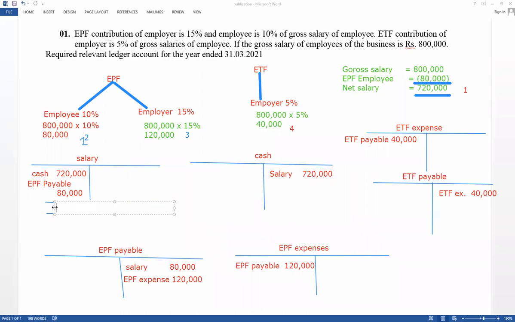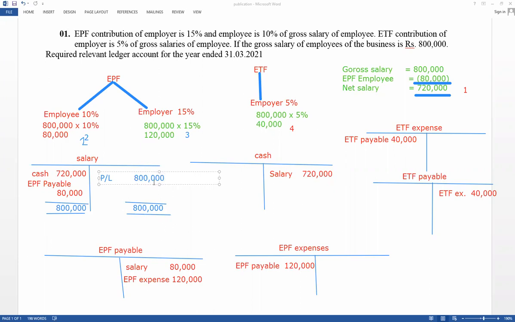Debit side total amount equal 800,000. Take that value to the other side and the difference value as income statement or profit and loss account. 800,000 should be included under administration expense.